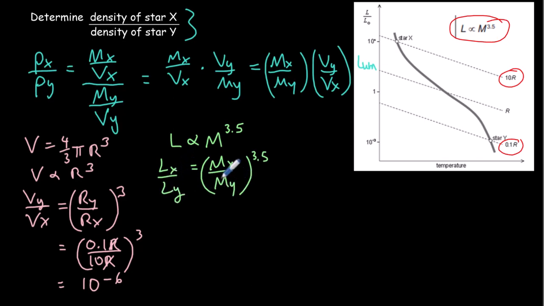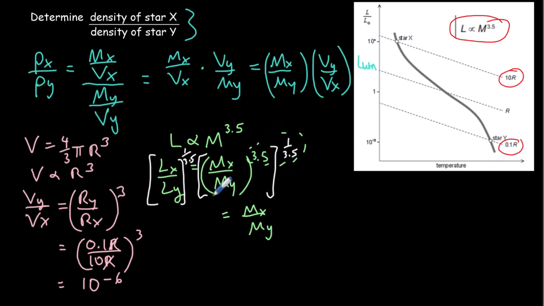And what I can do here is raise both sides to the 1 over 3.5, because that's going to isolate that ratio mx over my, because these two multiply together to give 1, and that's going to be equal to Lx all over Ly all to the 1 over 3.5.